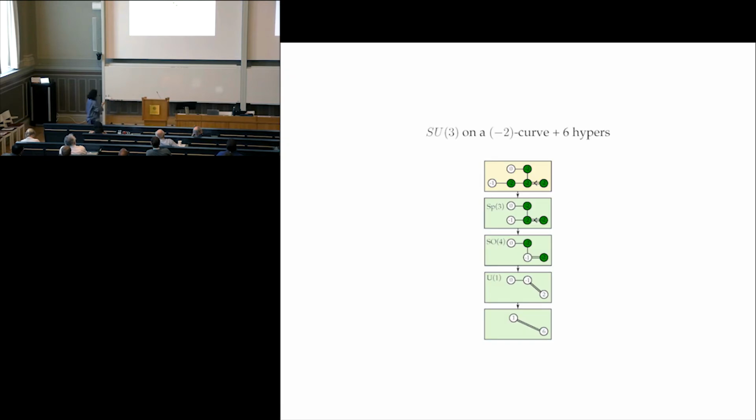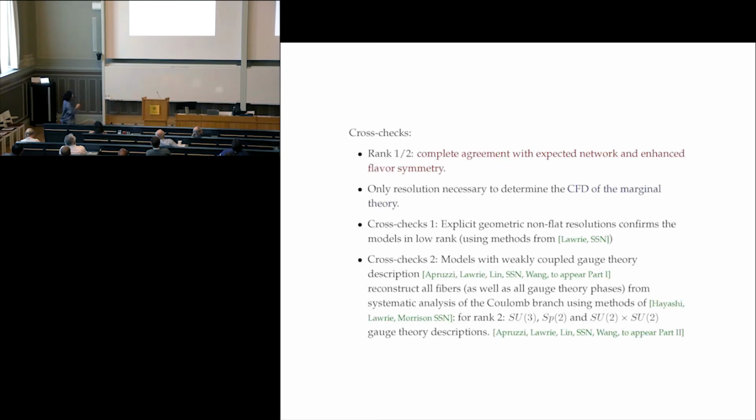We repeat the same thing, and in the end, the nice thing is we get complete agreement with these works by Jefferson et al. and by Hayashi et al., from completely different methods, and essentially not doing any geometric operations, simply applying these CFD transition rules.